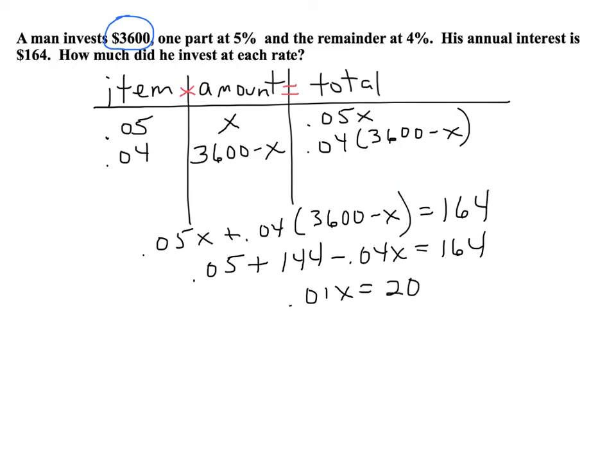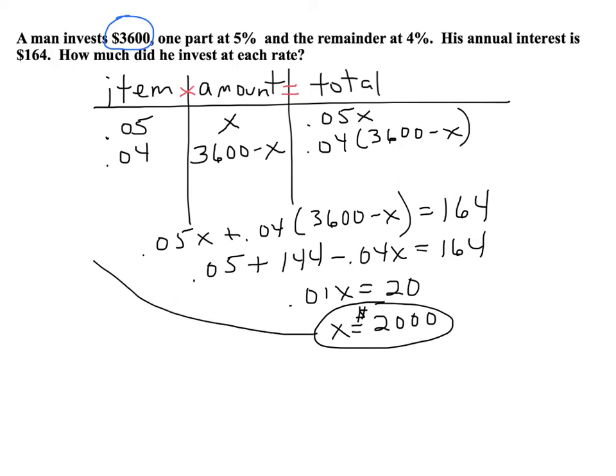And if I solve this for x, I get x is equal to $2,000. So he invests $2,000 at the 5% rate, which means he invests $1,600 at the 4% rate. So that is the answer to this particular problem.